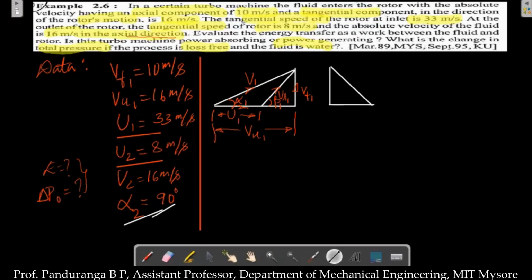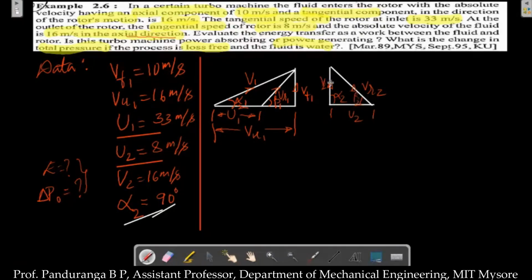So now I have the outlet velocity triangle. Now I'll name the parts. So this is V2 and this is alpha 2. From here till here it is U2, and this is our VR2, and this angle is beta 2.